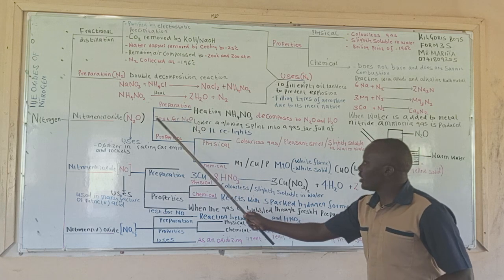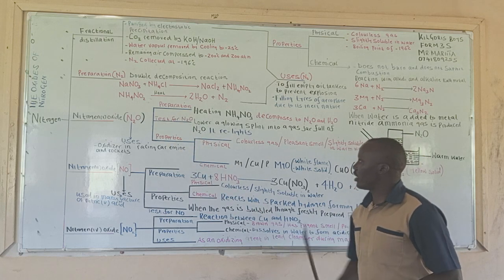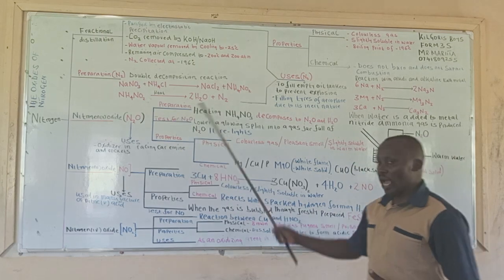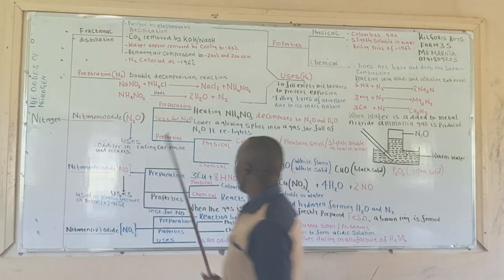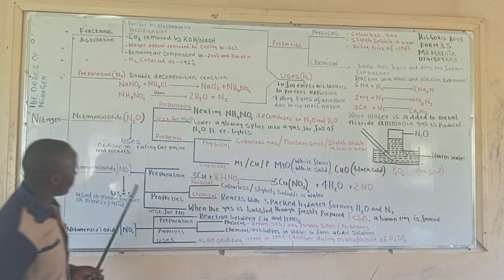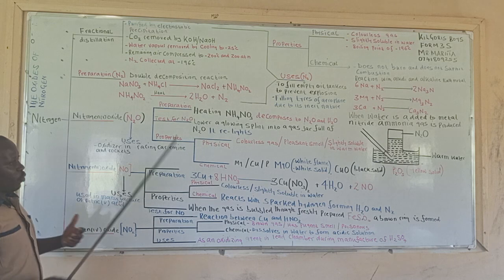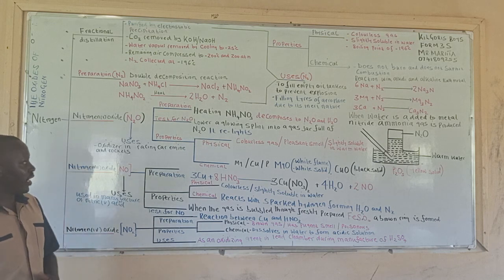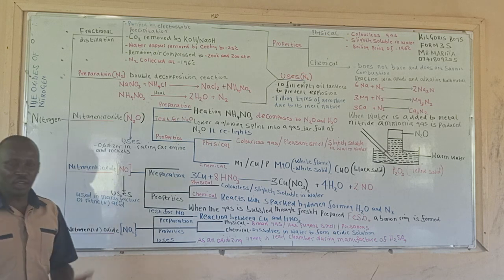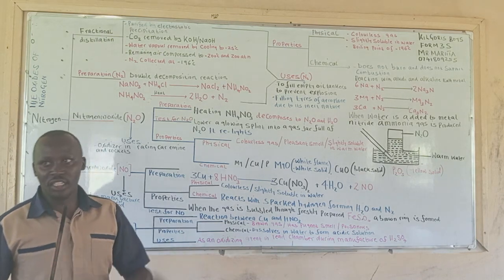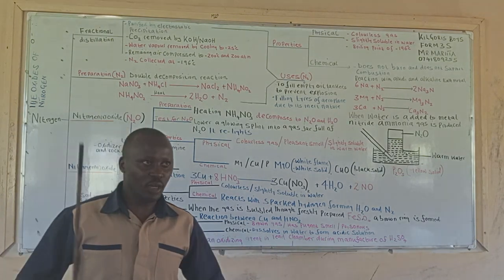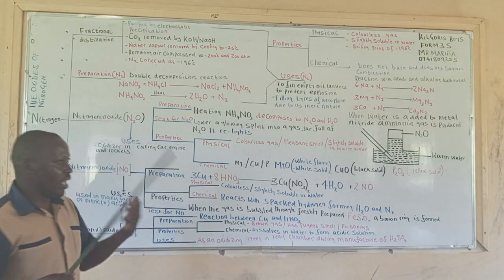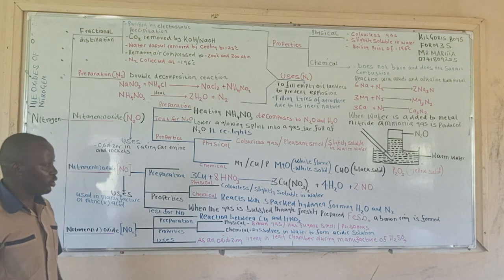So how can you test for this gas, nitrogen 1 oxide? When you are asked to describe the test for nitrogen 1 oxide, you describe an experiment. You need a glowing splint, and also a gas jar full of that gas, and therefore you give a procedure on what is supposed to be done.